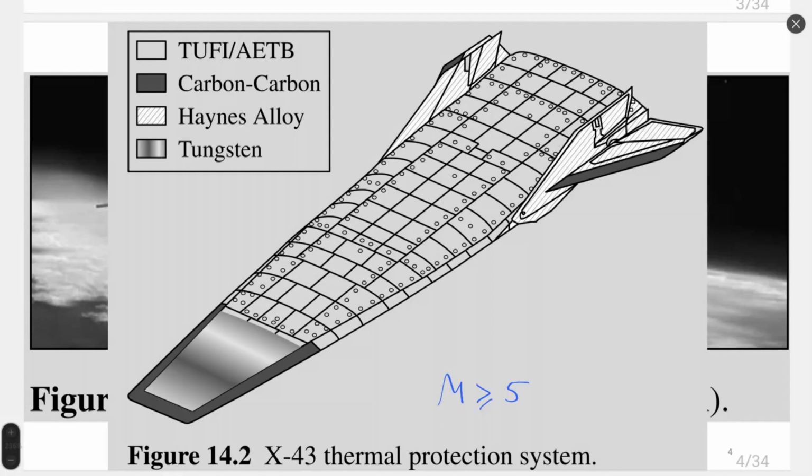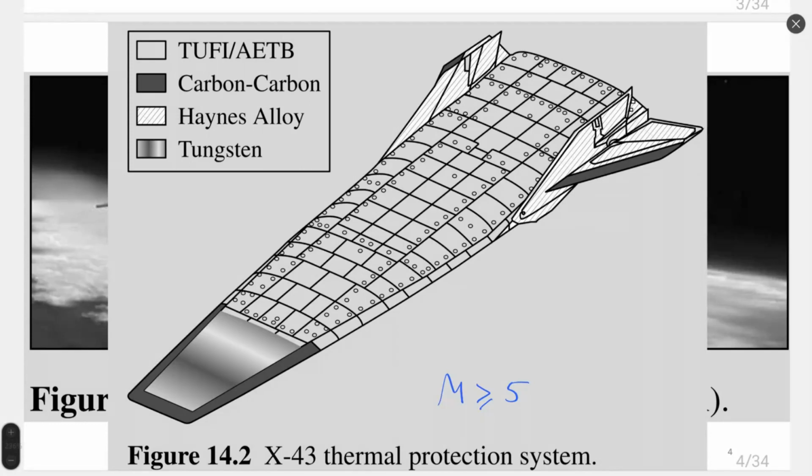The values we will see a bit later. To protect any flight vehicles flying at hypersonic velocity, we must use advanced materials to cover its surface, especially the most heated surfaces such as nose and wings, all surfaces which meet this flow first, or near stagnation points.